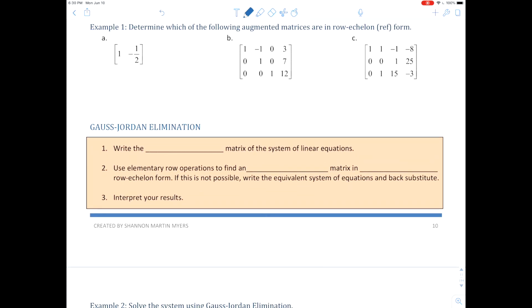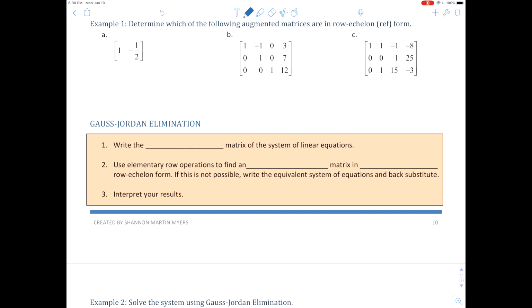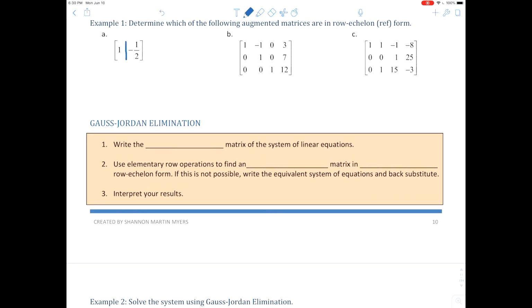So here we go. Determine which of the following augmented matrices are in row echelon form. So what do you think? So always go back to your definition. Row echelon form, right? These are augmented matrices. So why don't we put the lines in here? So basically, the first one is actually the hardest.